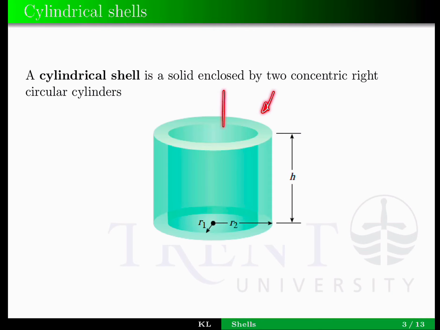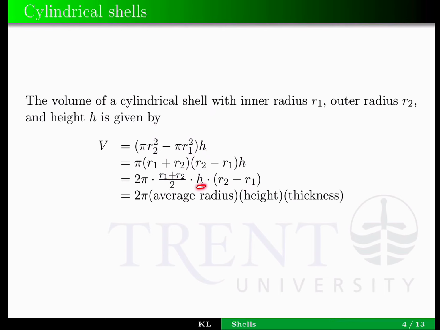What we're going to do is multiply and divide by 2. This step here is necessary in order for us to have a nice choice for our derivation of the volume. Of course, r2 minus r1 is your change in radius, and h is your height.